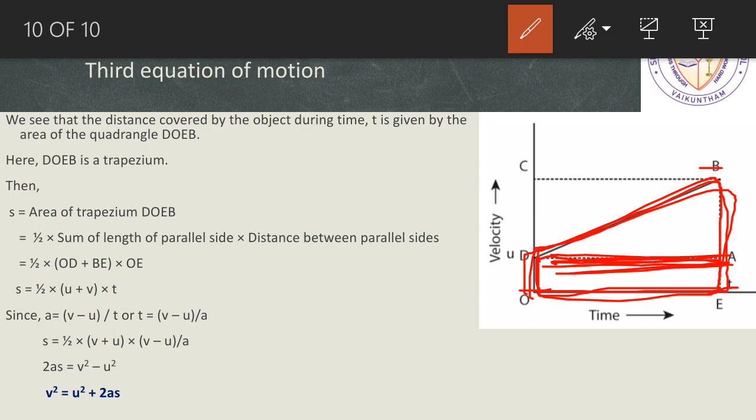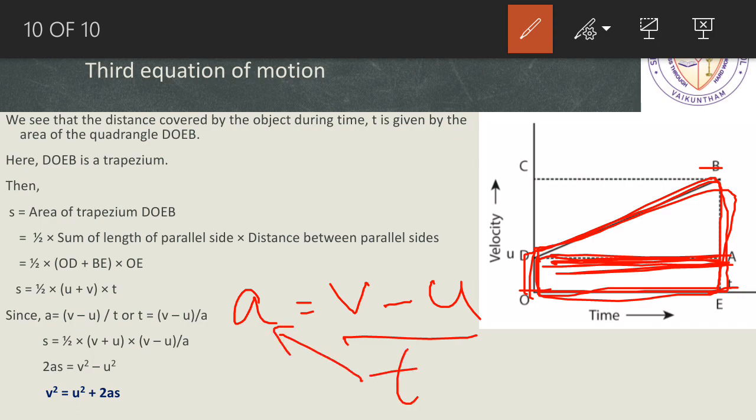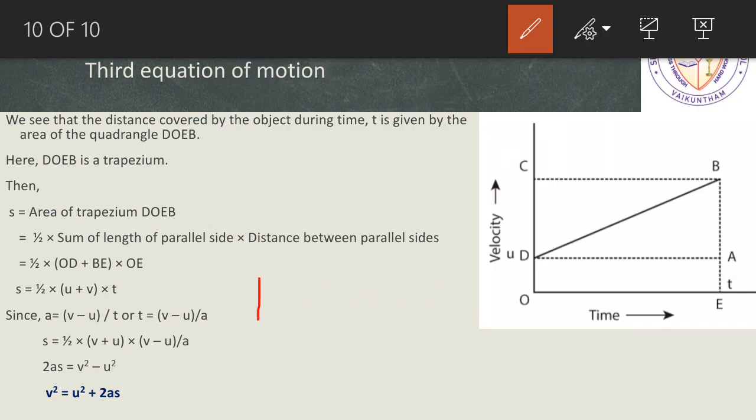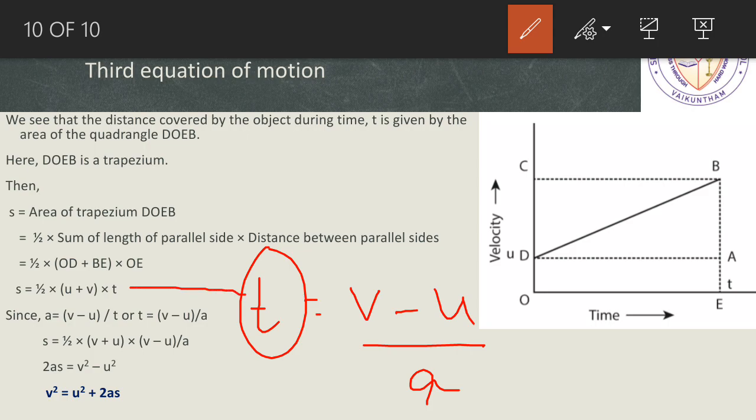And since we know that A is equal to V minus U divided by T, from the acceleration equation we remember A is equal to V minus U by T. Now if I take this one here and the other one here, it becomes T is equal to V minus U by A. And this T we are going to write it here.